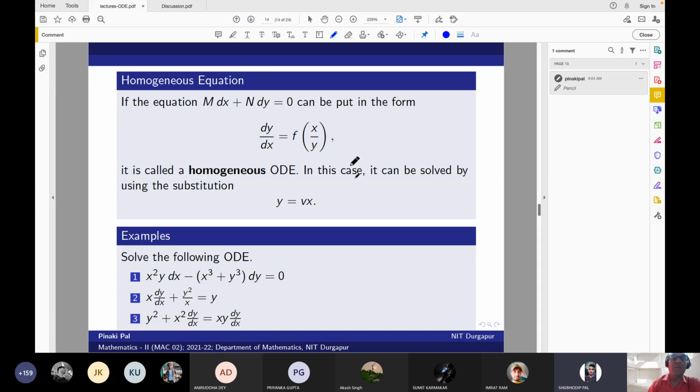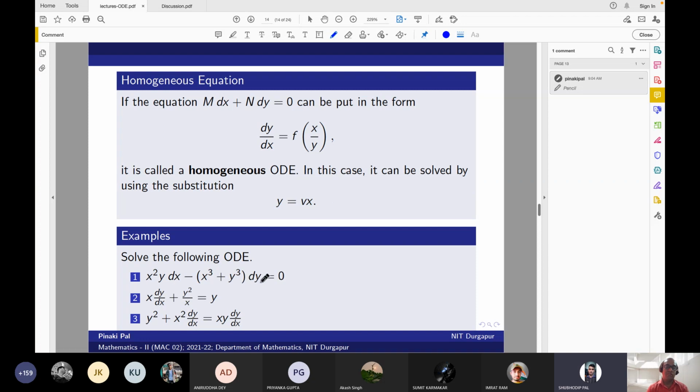Next, homogeneous equation. You are well acquainted with this type of equation. So the differential equation which can be represented in the form dy/dx is equal to f(x,y), and in this case, if we use the substitution y is equal to vx, we can easily solve it. Okay, you look at some examples given.